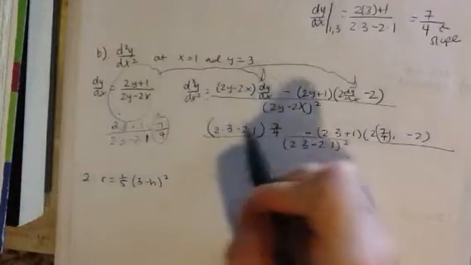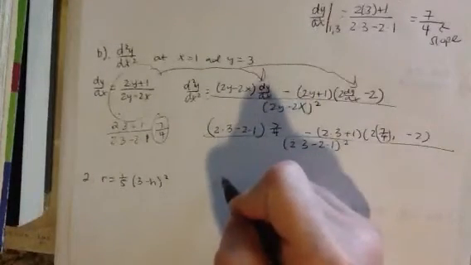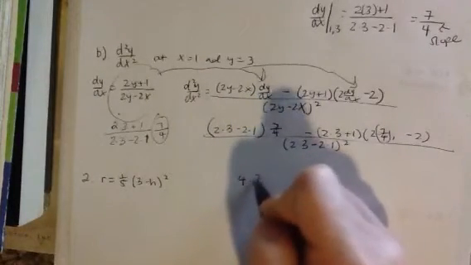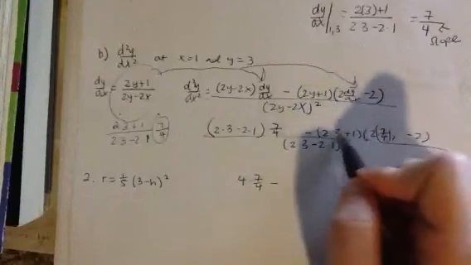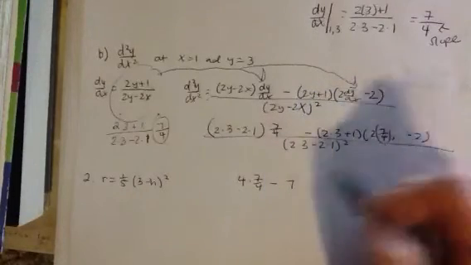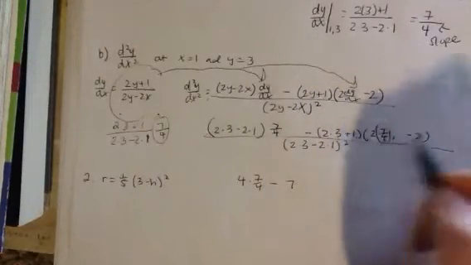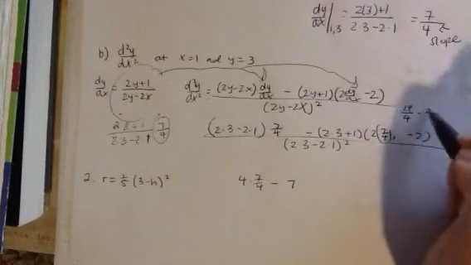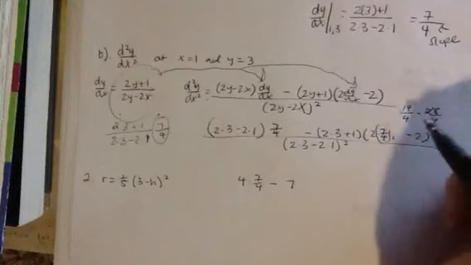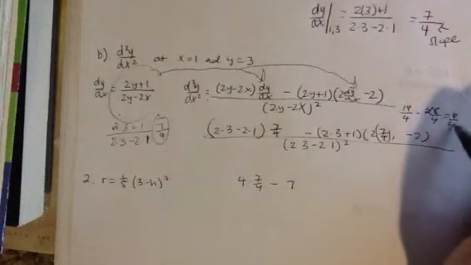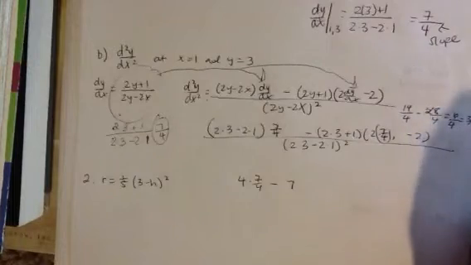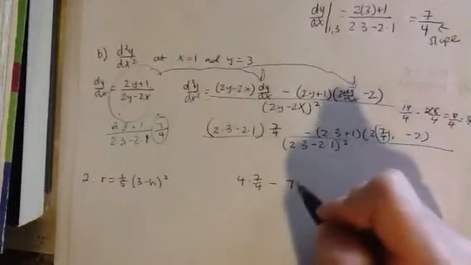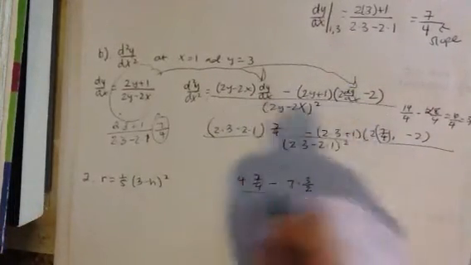So this is 6 minus 2, which is 4, times 7 over 4. This is 6 plus 1, which is 7. That would become 14 over 4 minus 2. 2 is just going to be 8 over 4, so this is 6 over 4, which is 3 halves, times 3 halves.